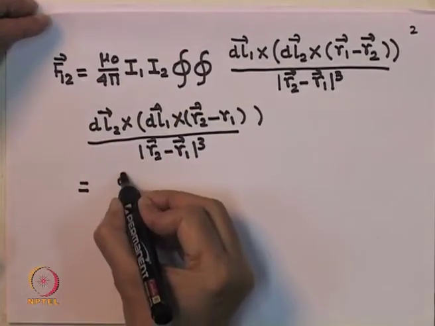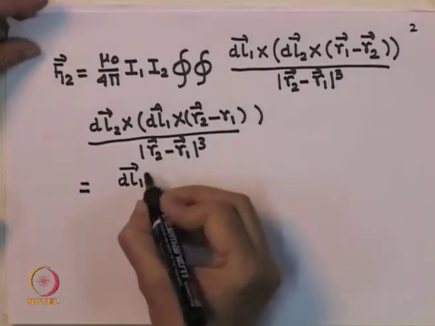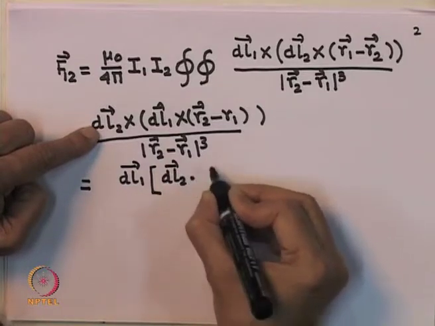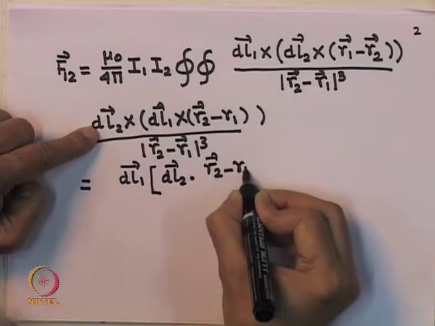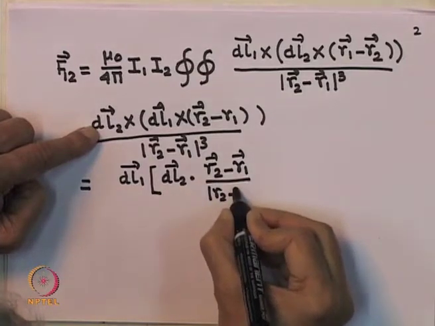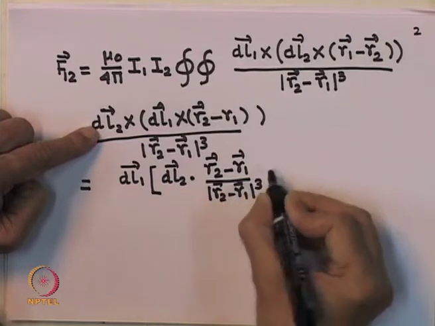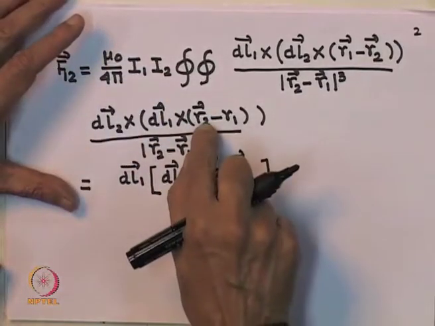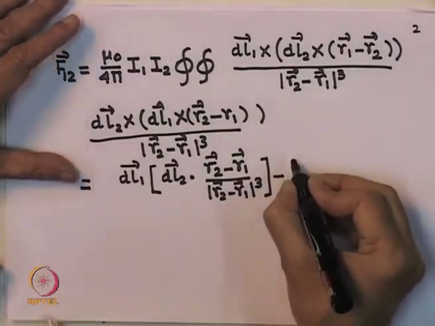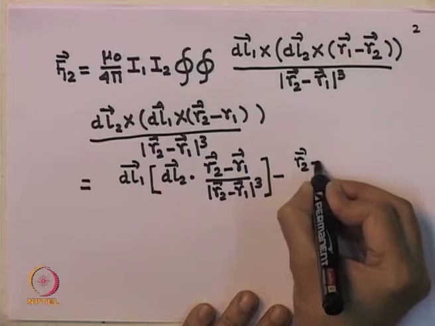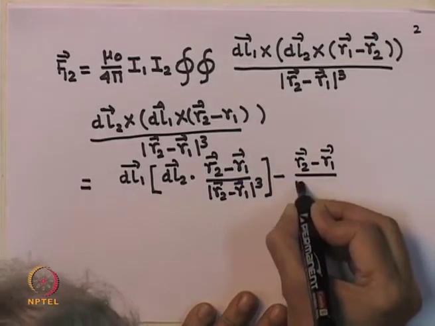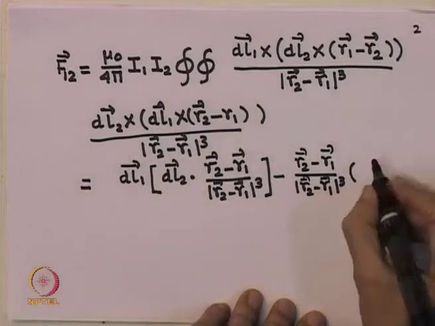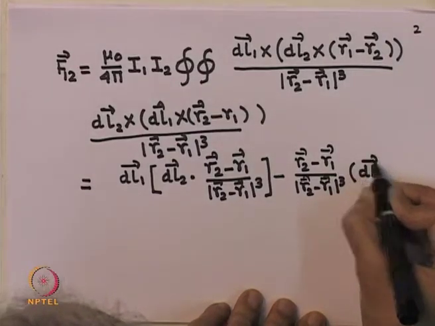So, I will write it as dL1 times dL2 dot (R2 minus R1) by |R2 minus R1| cubed, minus C, which I have taken to be (R2 minus R1) by |R2 minus R1| cubed, and the other one is dL2 dot dL1.